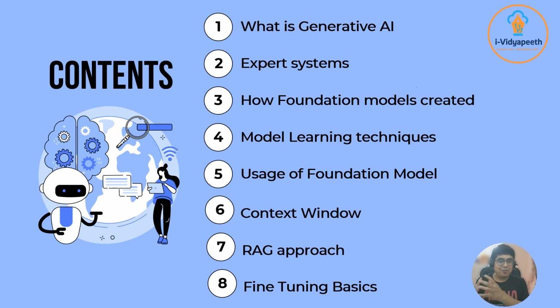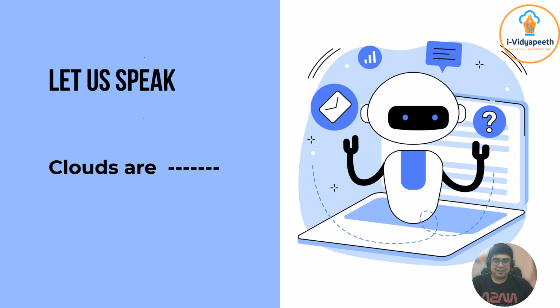We will discuss the context window, the input context window, output context window, and what the token limits are. Then we will discuss the very basic high level of the RAG approach and the fine tuning part. So this particular lecture is for beginners, and let us concentrate.